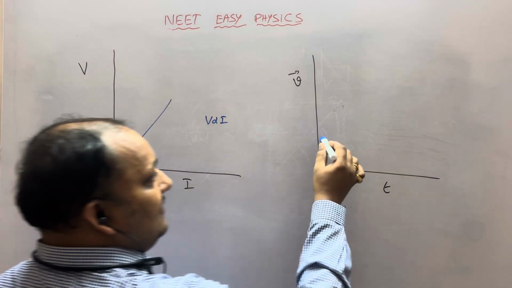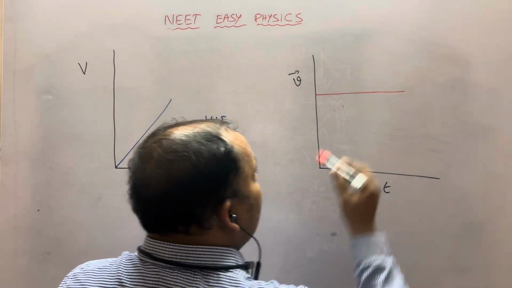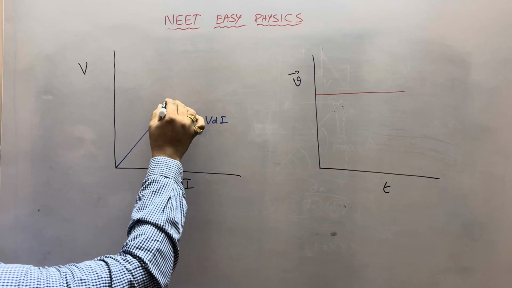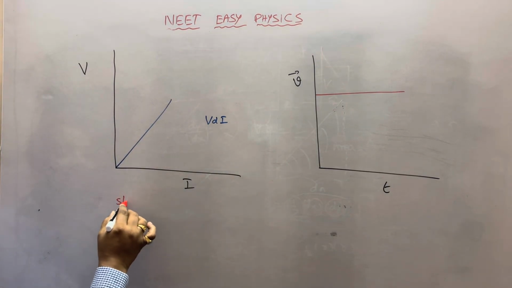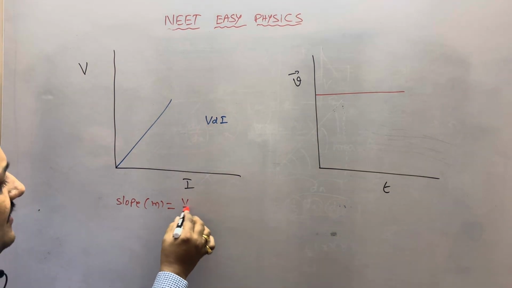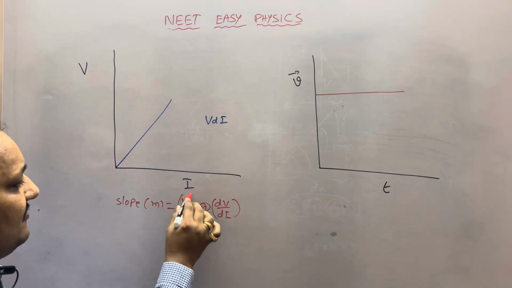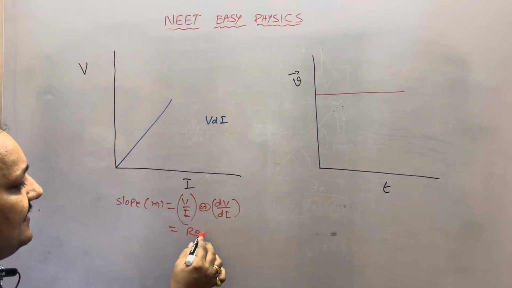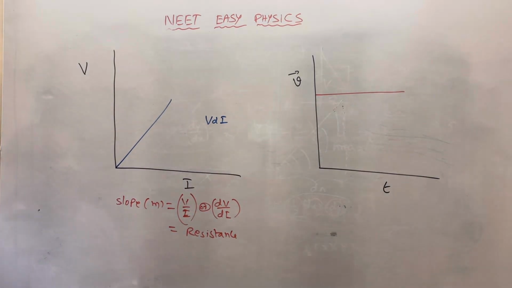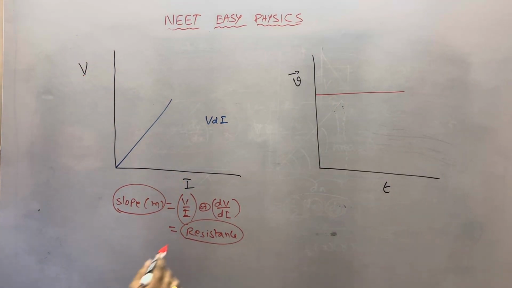Yesterday we said the slope of the graph is v by I or dv by di. So what is voltage by current? It is resistance. So from the VI graph, the slope of the graph gives resistance.